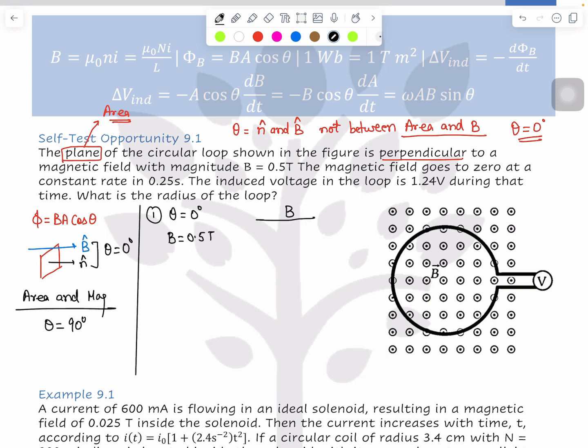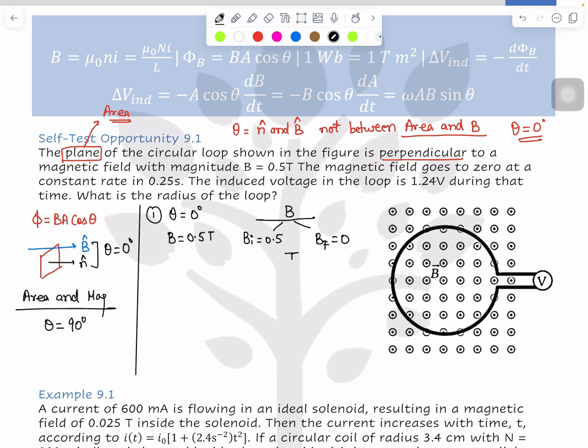Yes, there are two factors, initial and final. We have magnetic field 0.5 Tesla and it goes to 0. So B initial is 0.5 and B final is 0. Yes or no? Because he said it goes to 0.